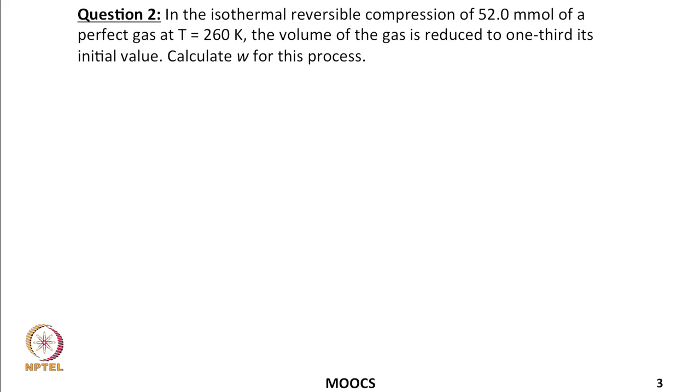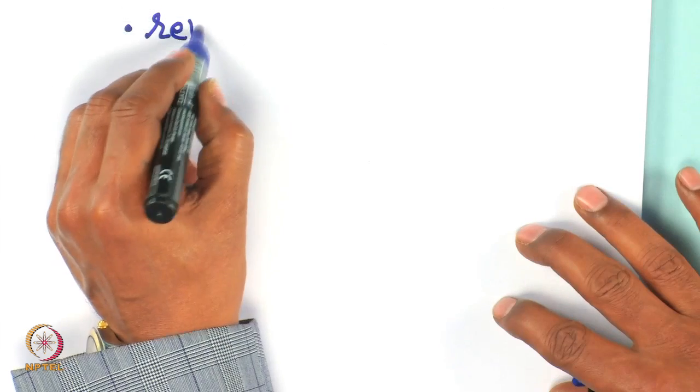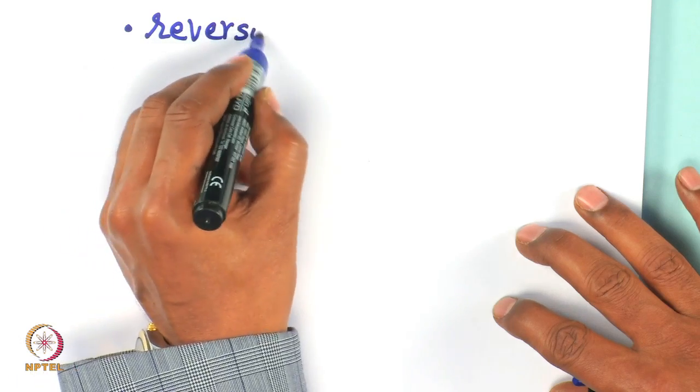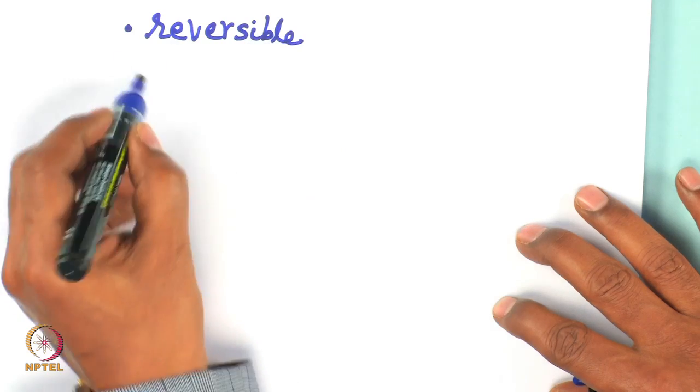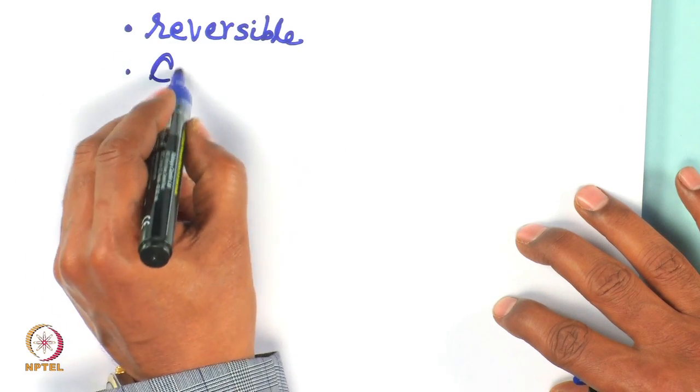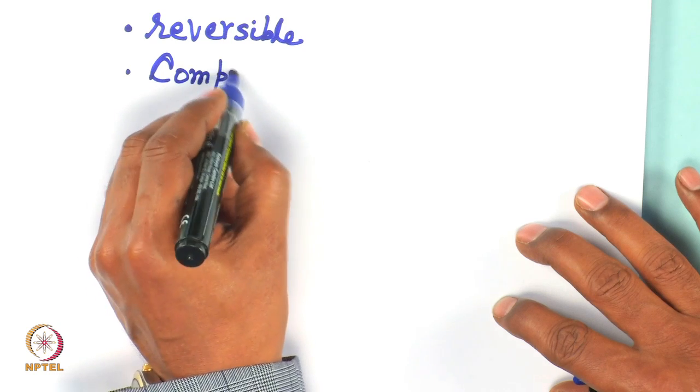So, what do we need to note before we begin answering this question? We note that the process is reversible, and the second thing we note is that it is compression.